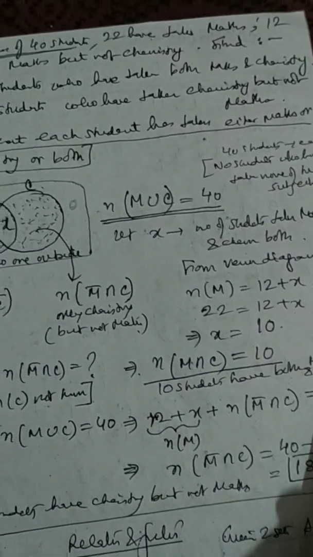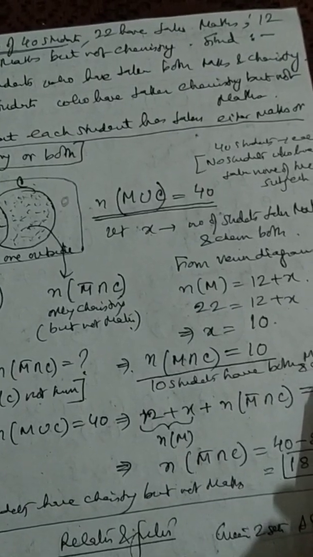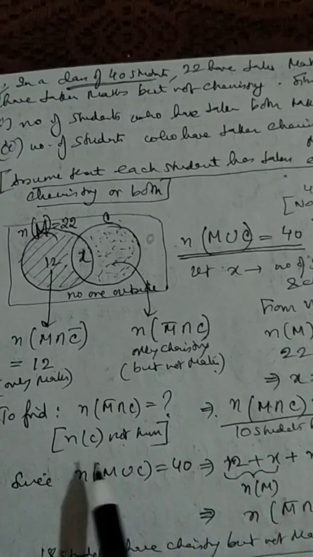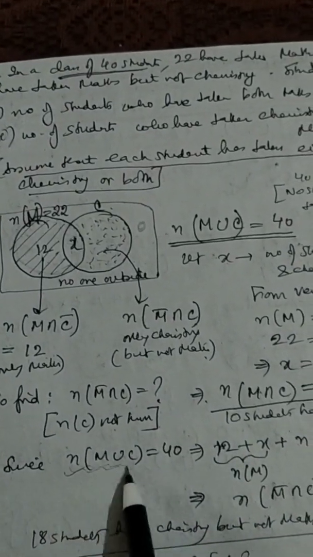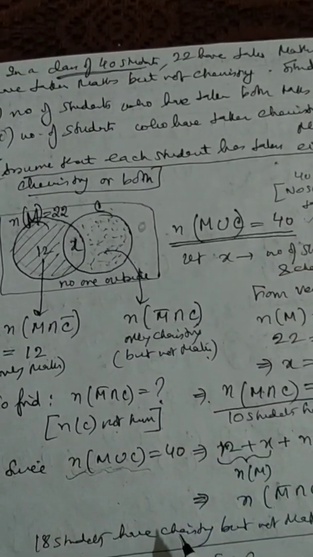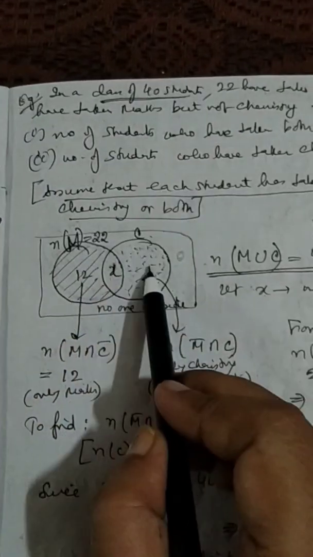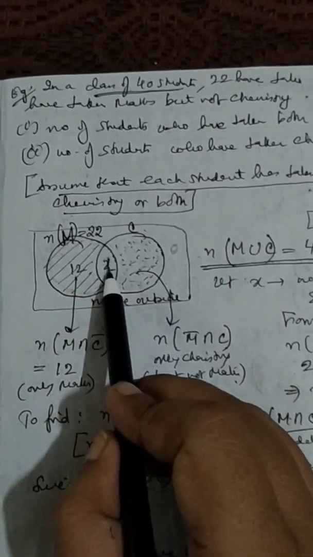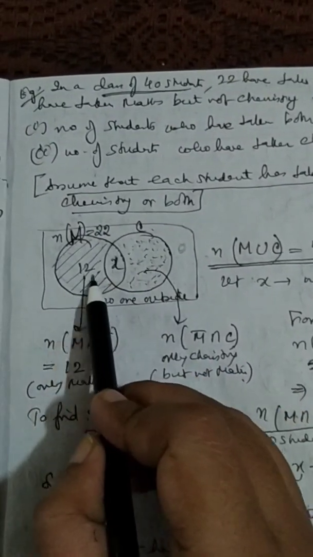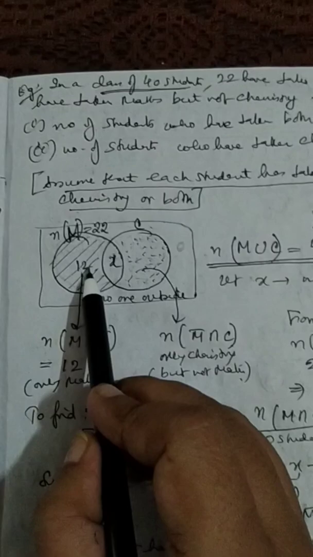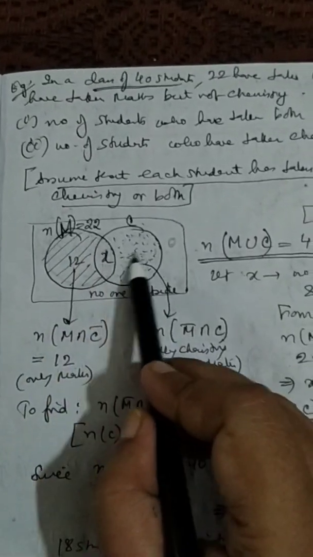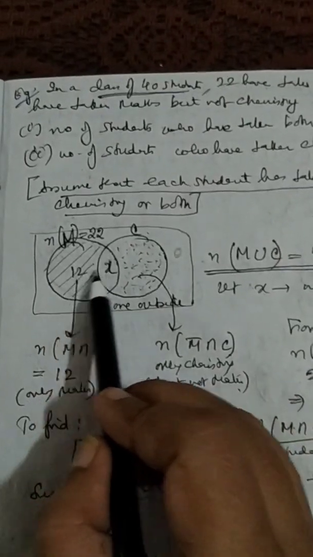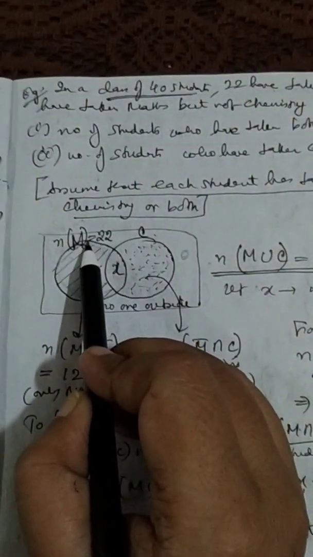Now we need to find out what is M bar intersection C. As I know N of M union C is 40, I'm going to utilize this equation now. This plus this is supposed to give me 40. As 12 plus X is 22, this 22 plus this is going to give me 40. Isn't it? 12 plus X is your cardinal number of maths, that is 22.